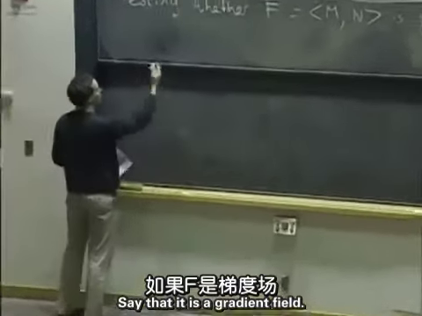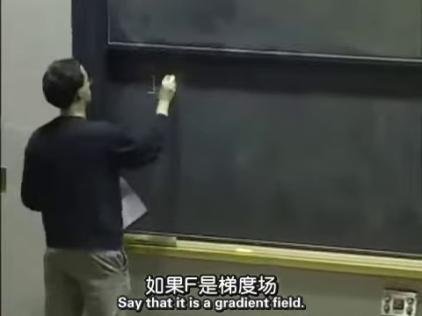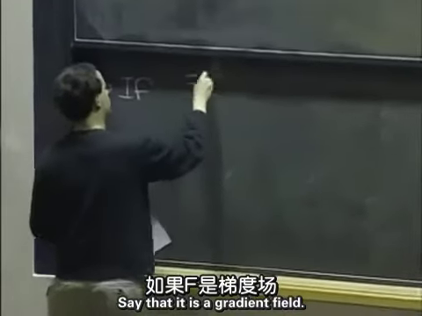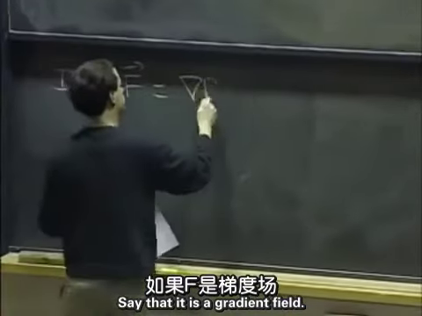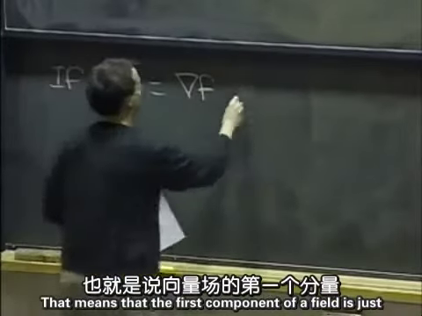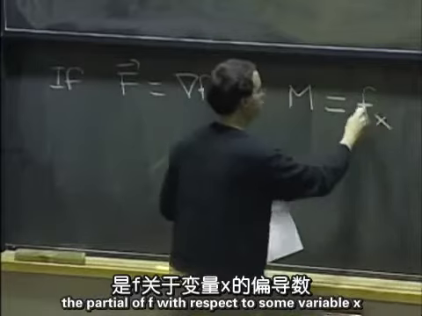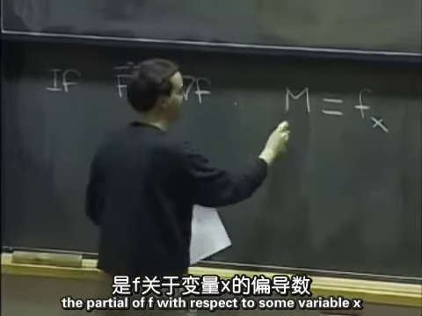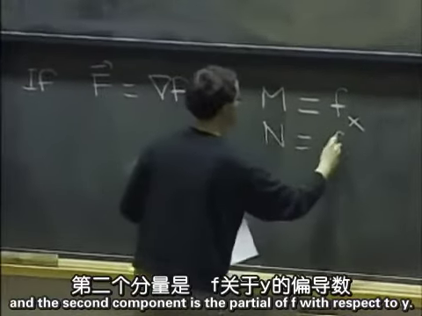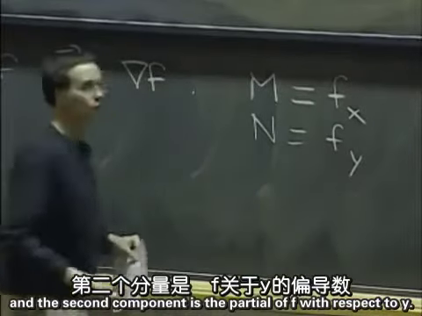Say that it is a gradient field. So that means that the first component of the field is just the partial of f with respect to the variable x, and the second component is the partial of f with respect to y.